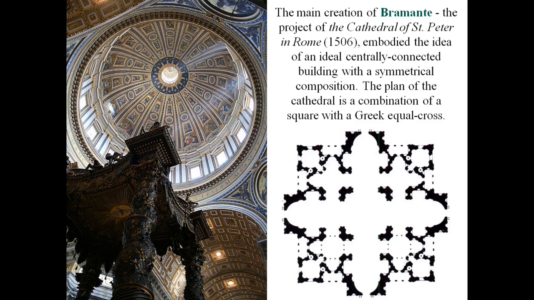The plan of the cathedral is the combination of a square with a Greek equal-armed cross. One of the prototypes of this early plan by Donato Bramante is considered to be the Tempietto, created by the same architect, as we remember, in 1502. That was an example of absolute symmetry and centric type of plan.